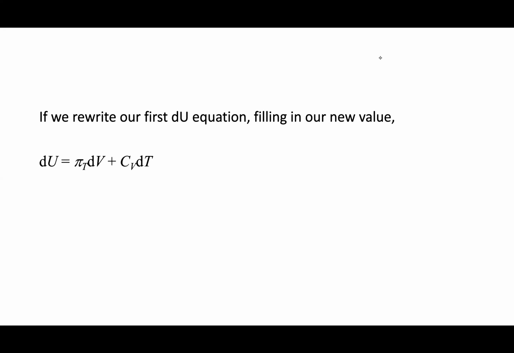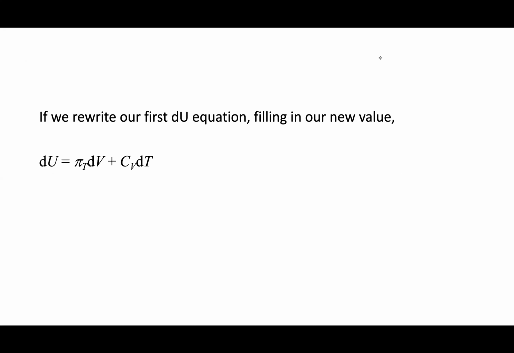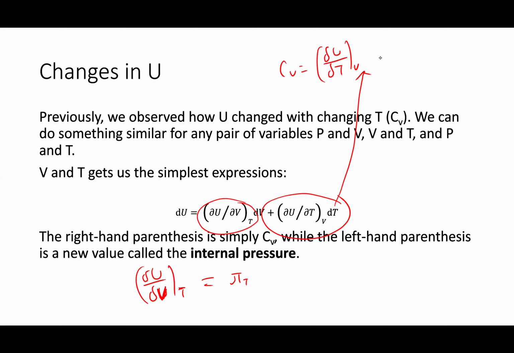Now we have a little bit nicer version of our equation here. If we do the same thing, we can apply it to the other variables. We've done V and T; well, we can do P and T, we can do P and V. We can do both of these things.